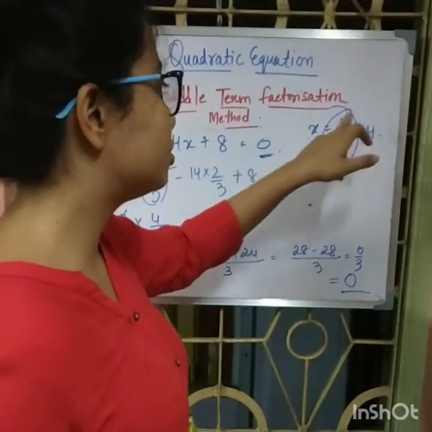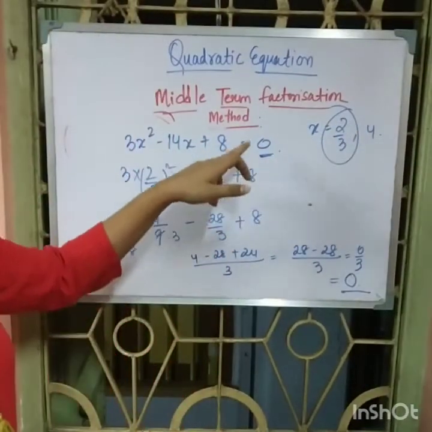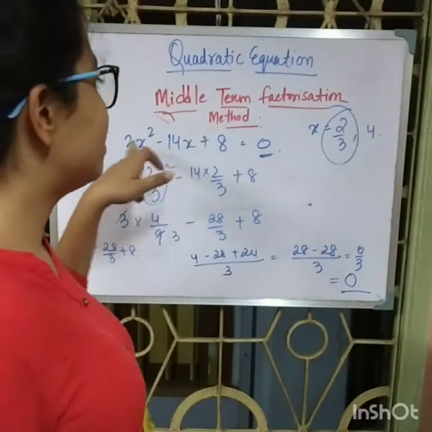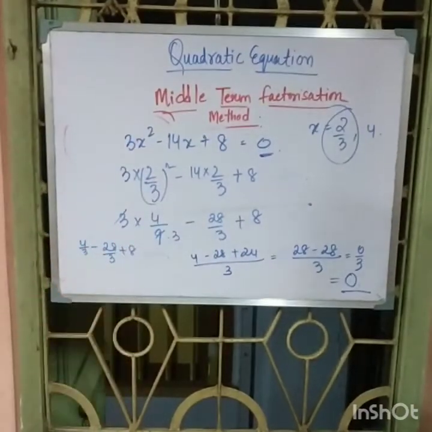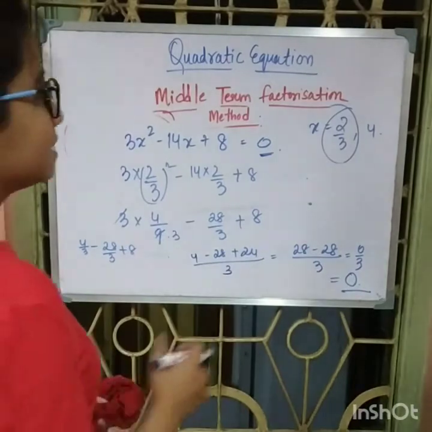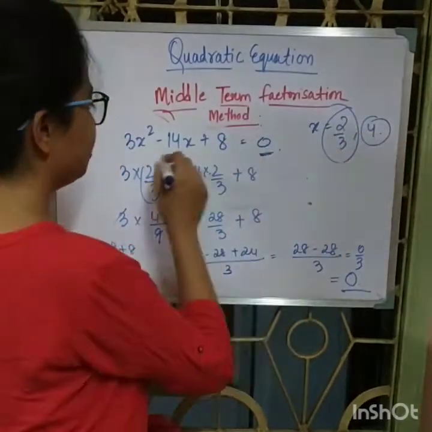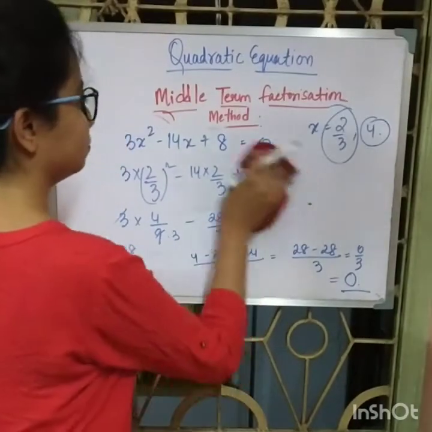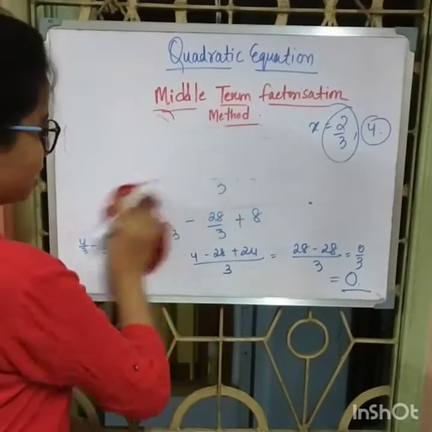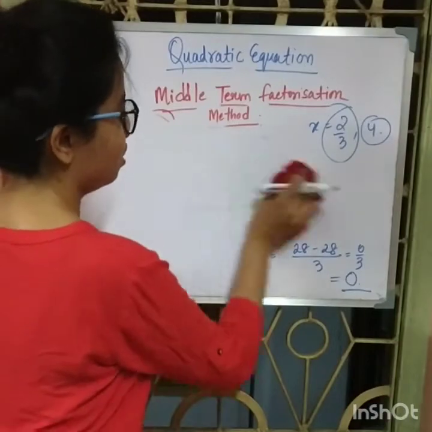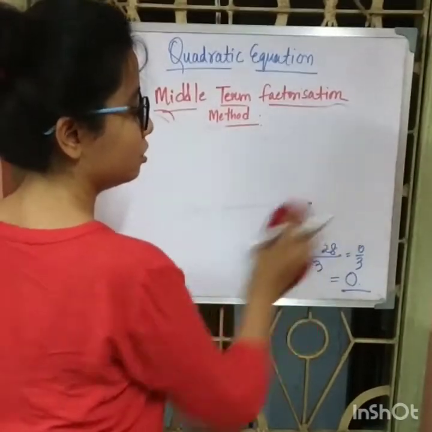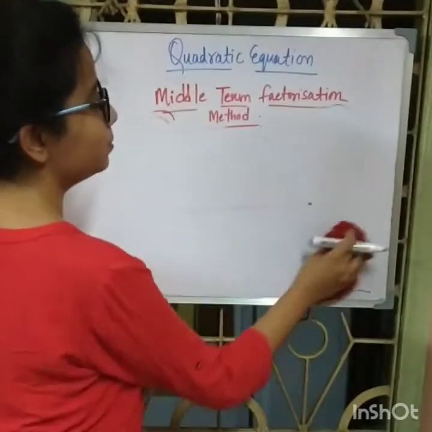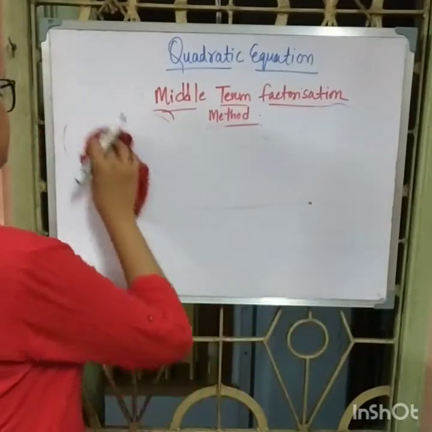If we put this 2 by 3 in this equation, then this value is satisfying the equation. Similarly, if we put 4 in place of x, we will get the same answer, that is 0. So this is how we solve an equation using the middle term factorization method.